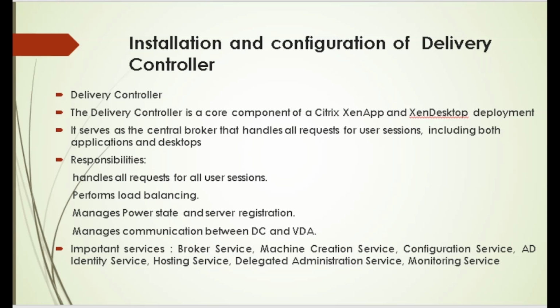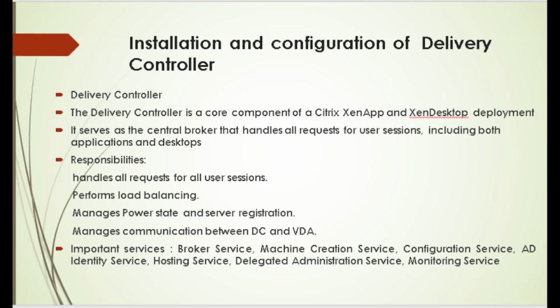So the delivery controller works as a load balancer, and once it finds the least loaded server, it gives that IP address to the StoreFront server, and StoreFront creates an ICA file for that user. The user gets the ICA file, and once they click on that ICA file, the connection is established between the session host server and the client using Citrix Workspace application.